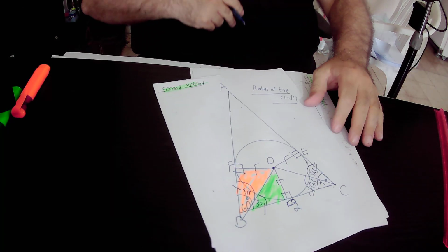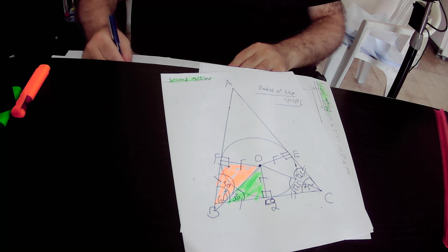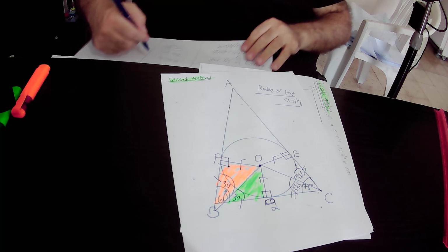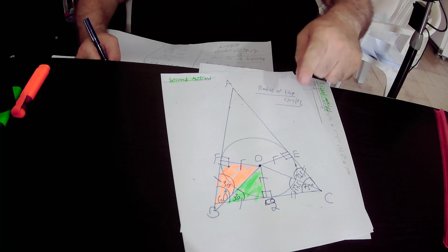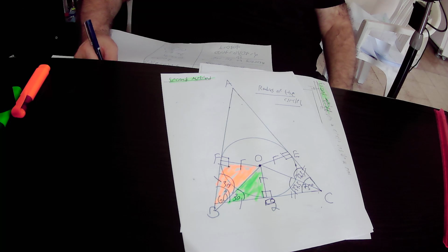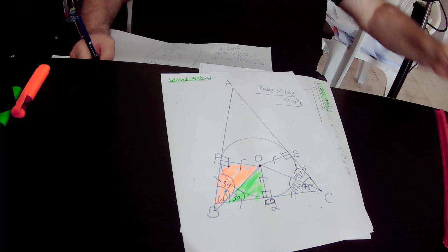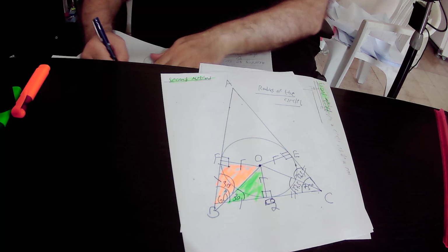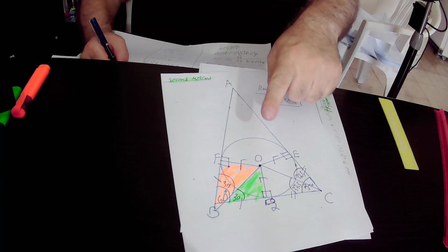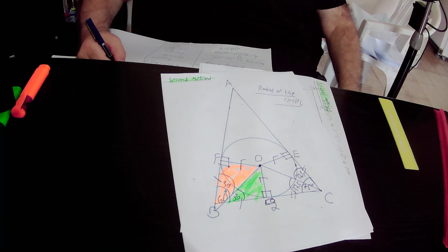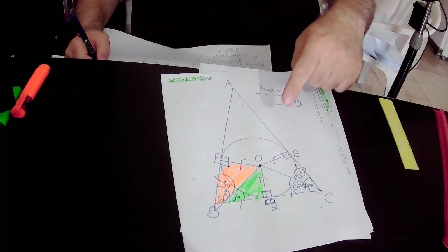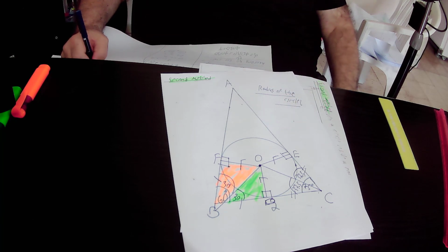So in the next step, we focus on the green triangle OBD. In the green triangle OBD, it is very easy to see that tangent 30 degrees is equal to OD over BD.